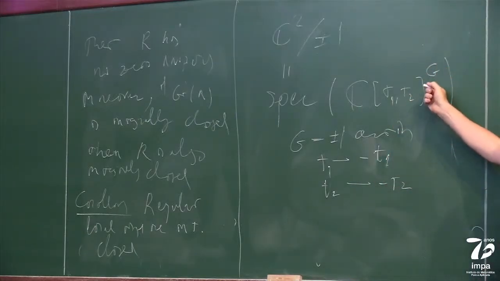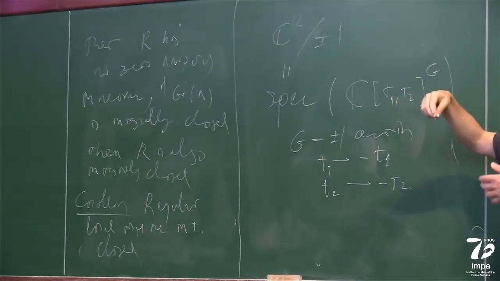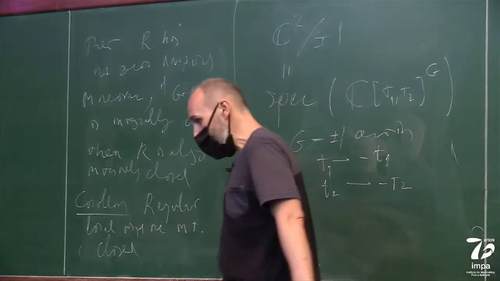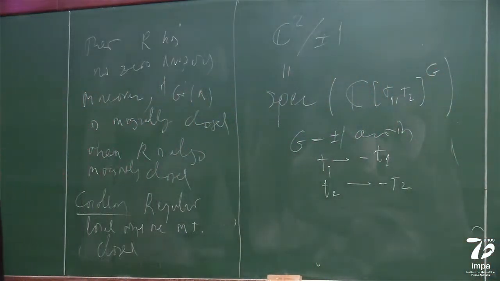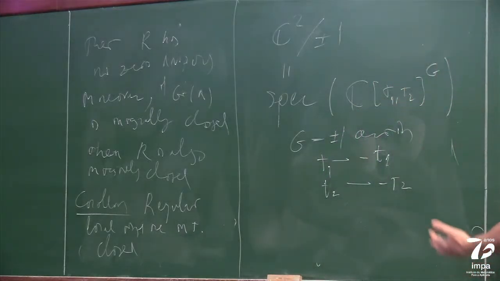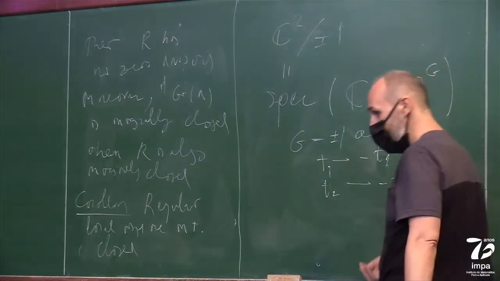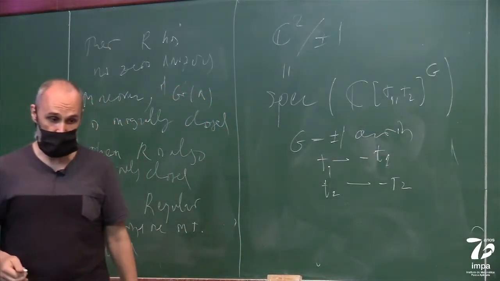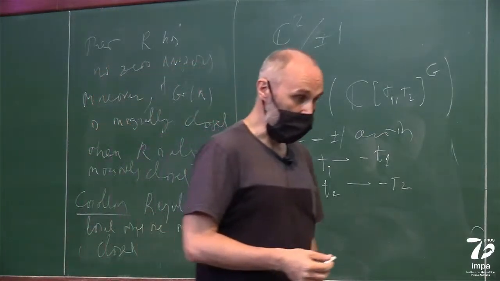This is true for any group. If you have a group acting on a space, then you can take the ring of invariants. It will be the same as the ring of the quotient. So passing to the quotient of varieties is the same as taking invariants for the finite group.